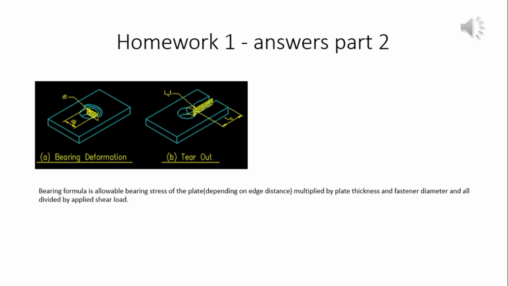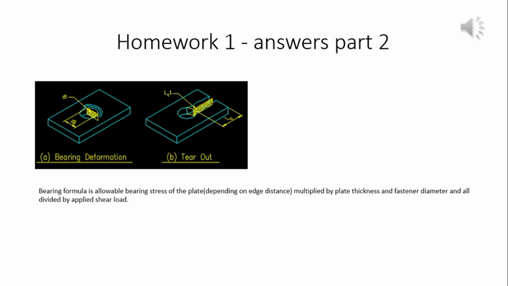And for the bearing deformation, I'm going to talk about its formula more than the definition, because I think we defined that in part 1, as much as I remember. So in the edge distance part, the bearing formula uses the allowable bearing stress of the plate, and that allowable depends on the edge distance.